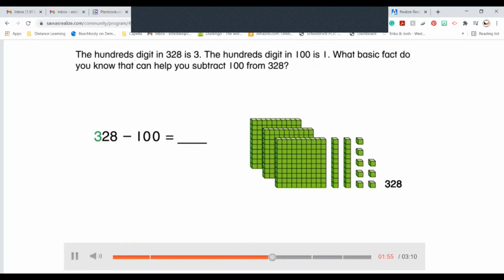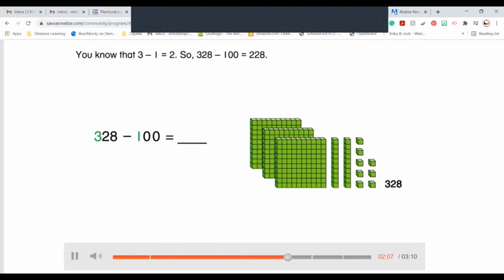The hundreds digit in 100 is 1. What basic fact do you know that can help you subtract 100 from 328? You know that 3 minus 1 equals 2, so 328 minus 100 equals 228.